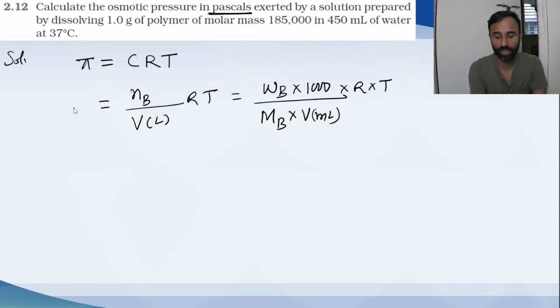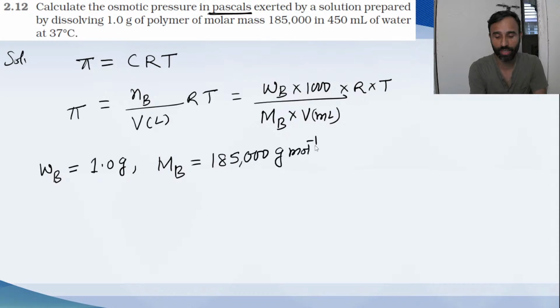So just see what is given to you. WB is 1 gram, the weight of solute. And molar mass is 185,000 gram per mole. Volume of solution is 450 ml.